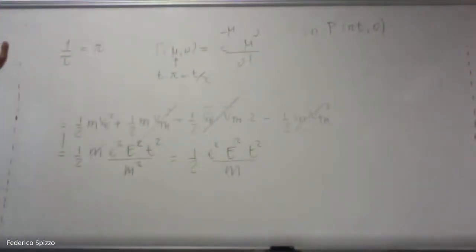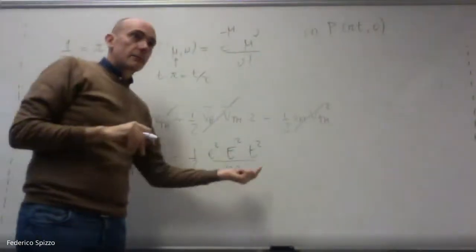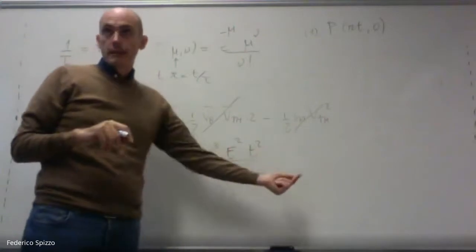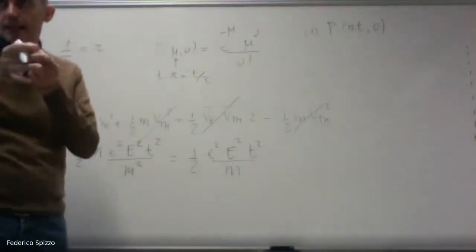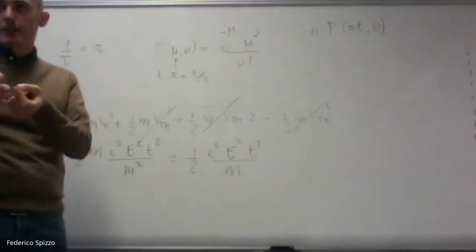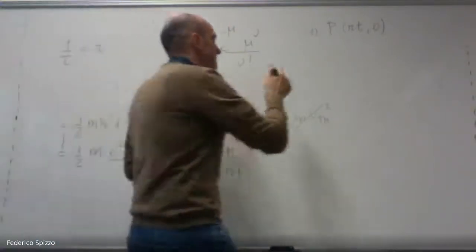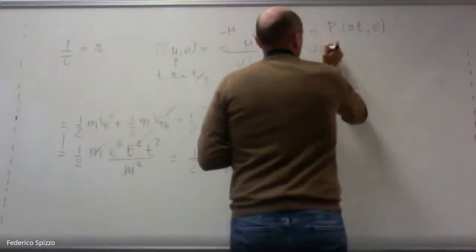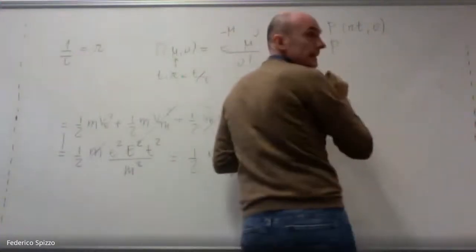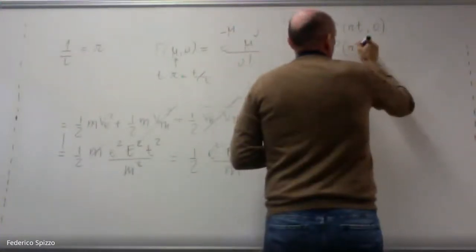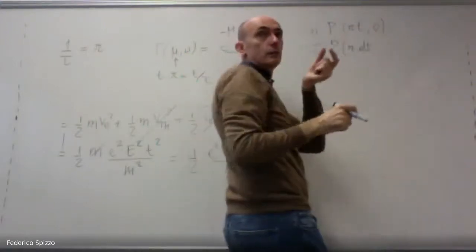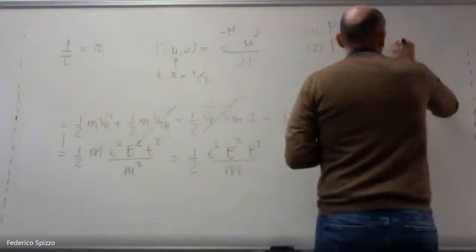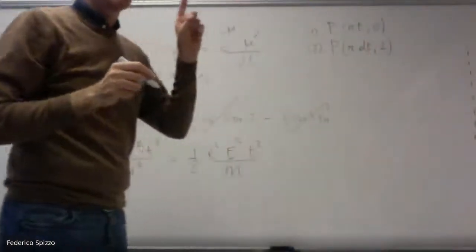The second step is, if the electron survives up to time t, what is the probability that from time t to time t plus dt the electron will suffer a collision? So we find the probability when the amount of time is equal to dt, to find just one collision.